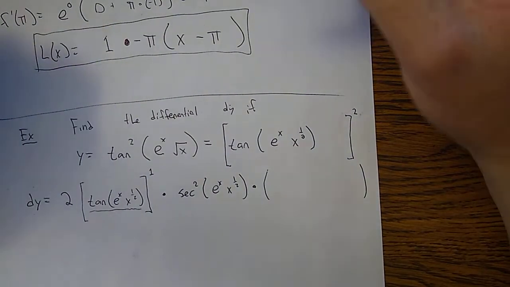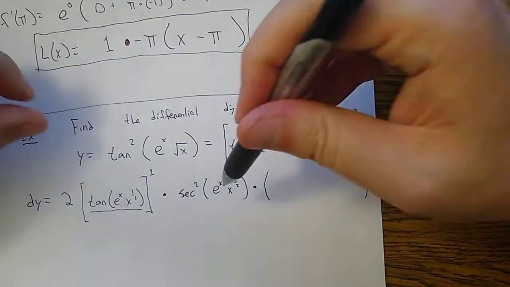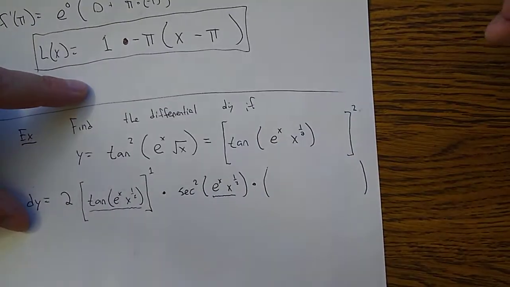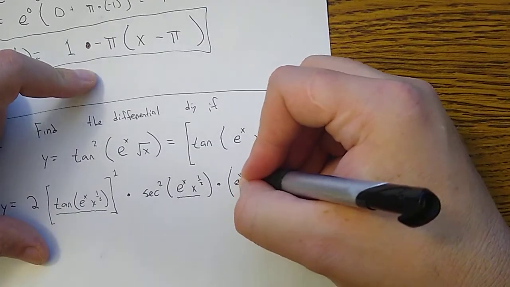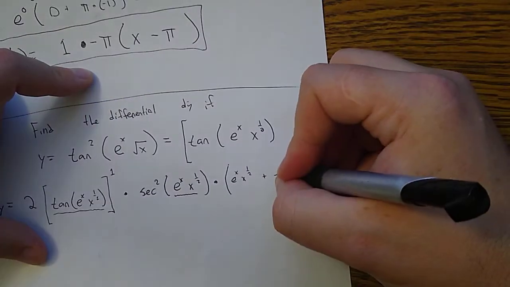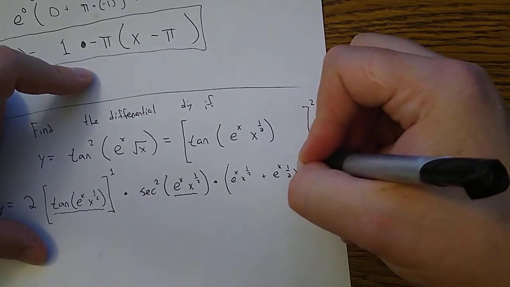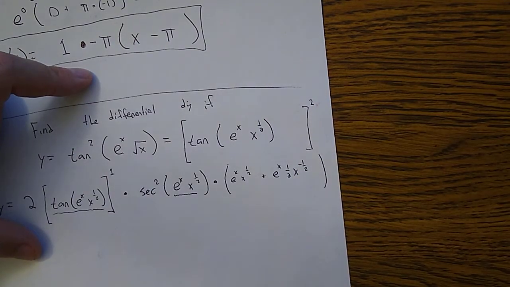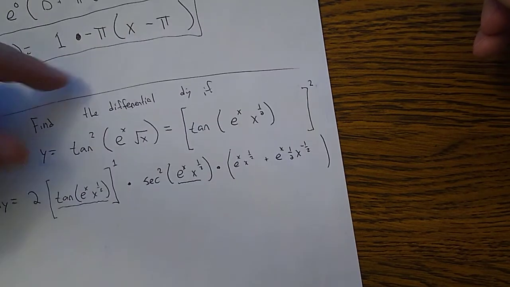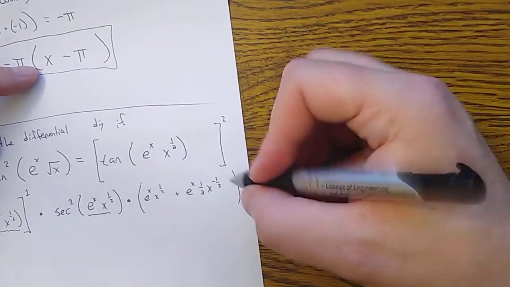So actually, I might end up doing this derivative all in one step at this rate. What's the derivative of that inside? Now I'm doing the product rule. The derivative of e to the x is e to the x, and then I'll leave this one alone. And then now I'll leave e to the x alone, and I'll do the derivative of this, which is that. And now I'm done. That was the very, very inside.